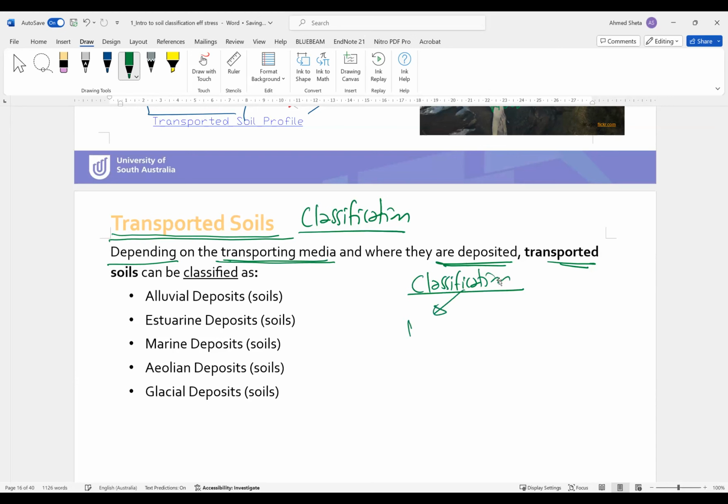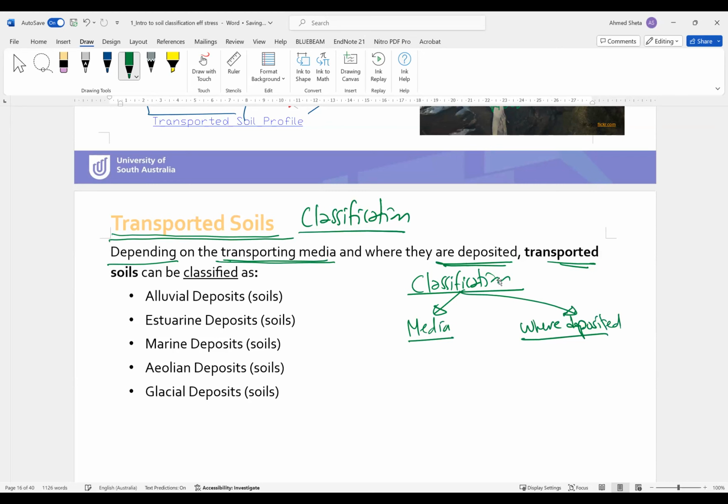One is the media of transport, like water, air, gravity, ice, and the other is where they were deposited, the final location.